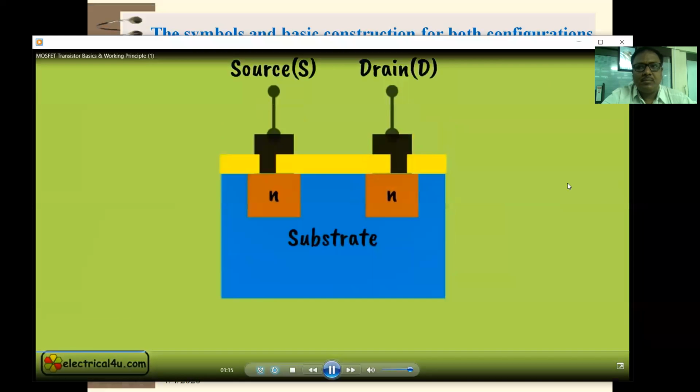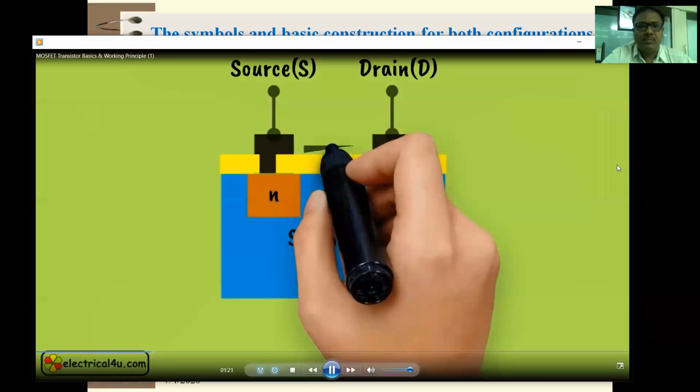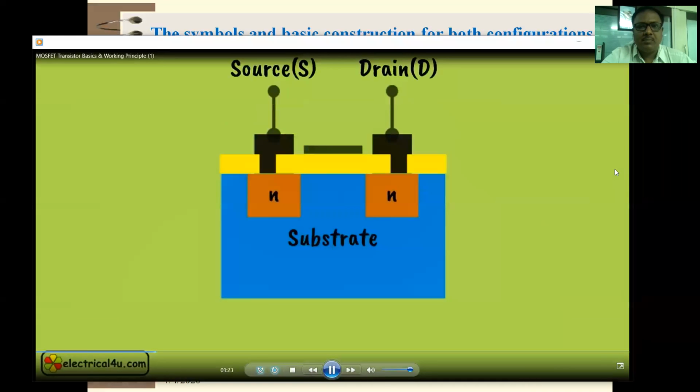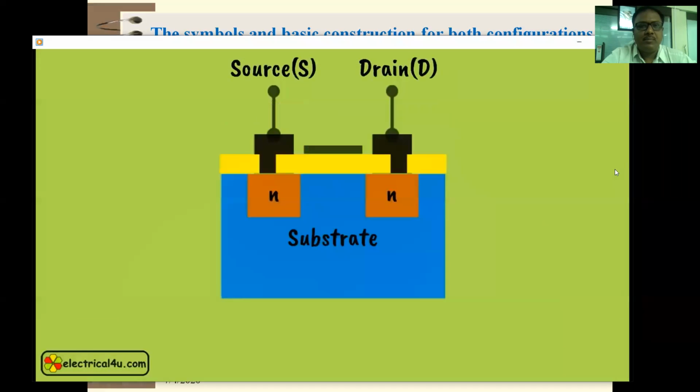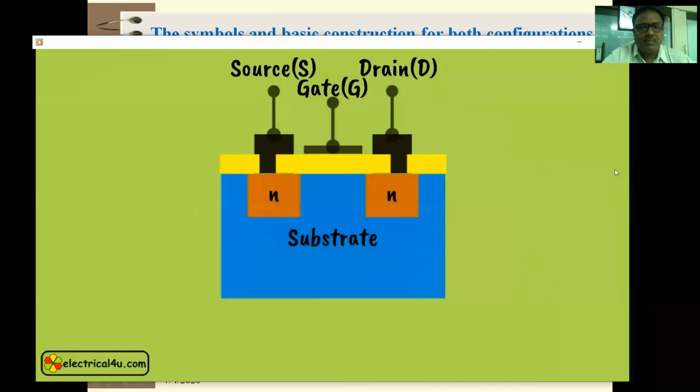Silicon dioxide will behave here as insulation. On this layer of silicon dioxide, a thin metallic plate is placed. This metallic plate will act as gate contact to the substrate. The gate terminal is brought out from this metallic plate.